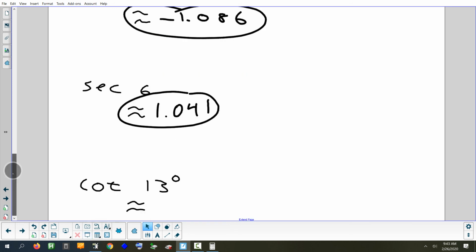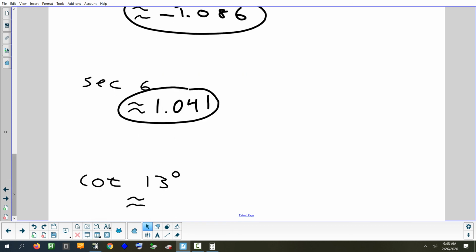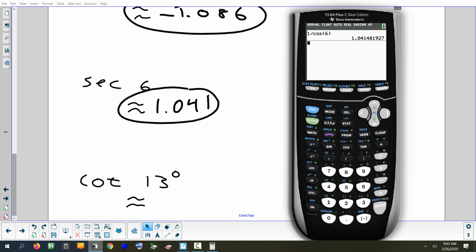Let's try this one. Cotangent of 13 degrees. So Anthony, how would I type in cotangent of 13 degrees? It would be 1 divided by tangent. Oh, you have to put the calculator in degrees. Yeah, in my calculator, I can change the mode right up until I hit enter. So if you've already typed it in, that's okay.